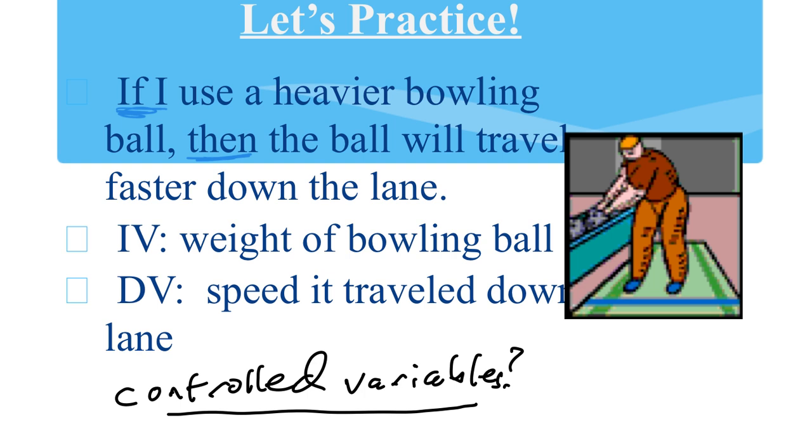The weight of the ball depends on how fast it will travel, or how fast it will travel depends on the weight of the ball. Which one makes more sense? The weight of the ball has nothing to do with how fast it travels. How fast it travels depends on the weight of the ball.